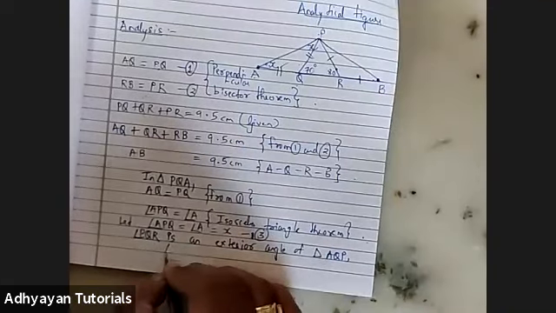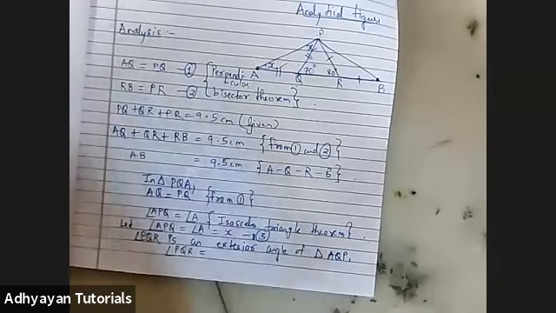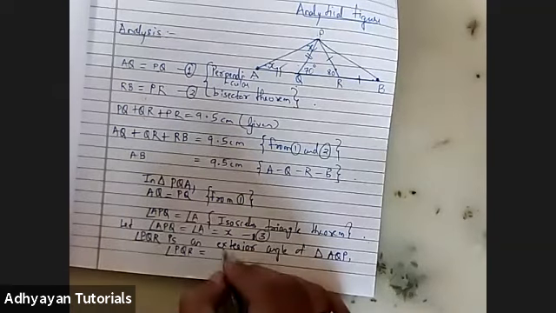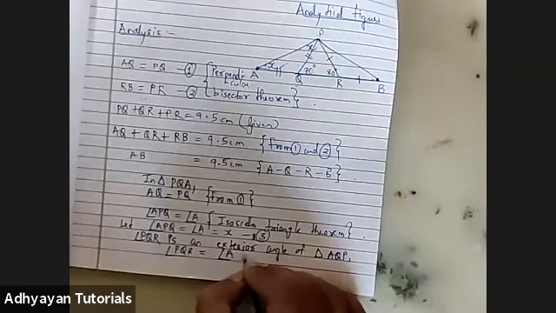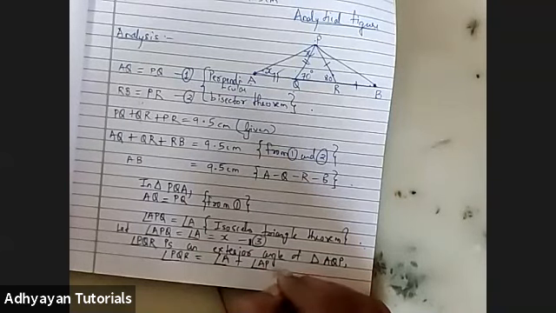So can I state that angle PQR is equal to angle A, that is this angle, plus angle APQ?